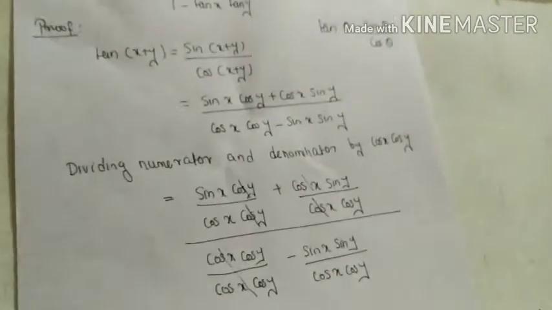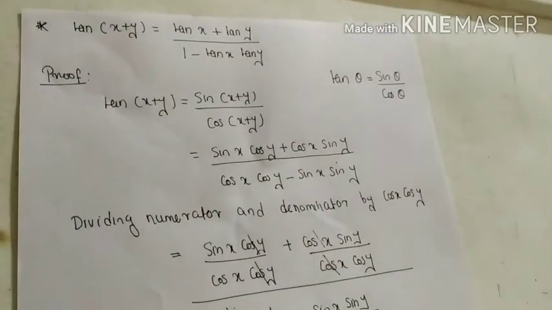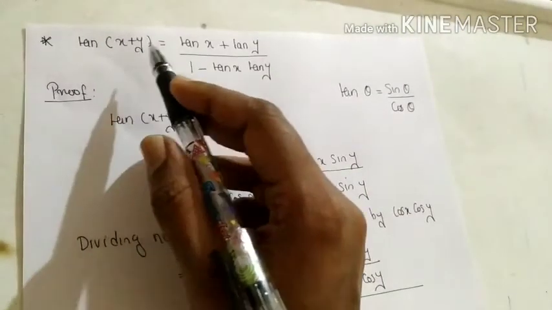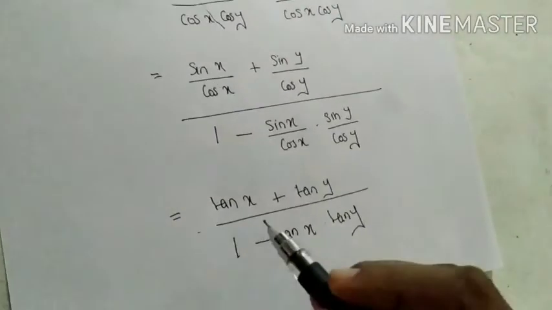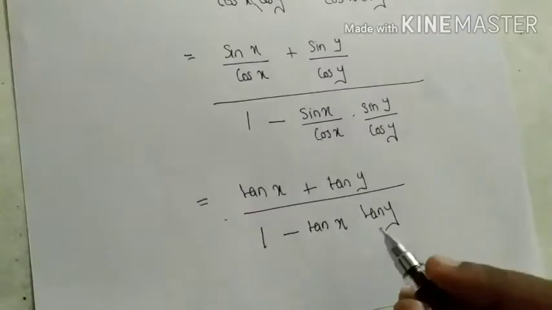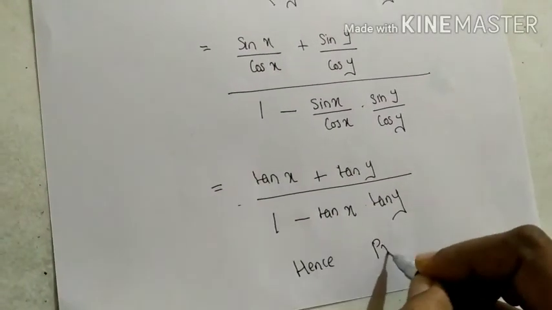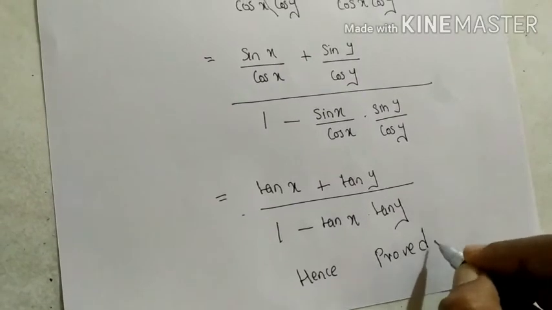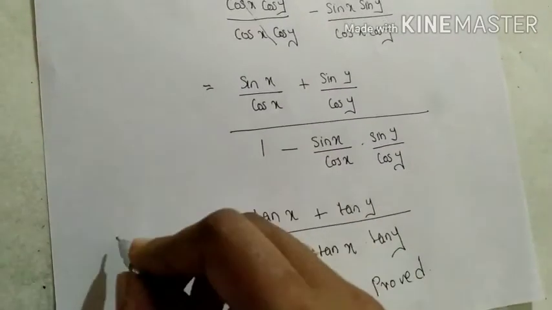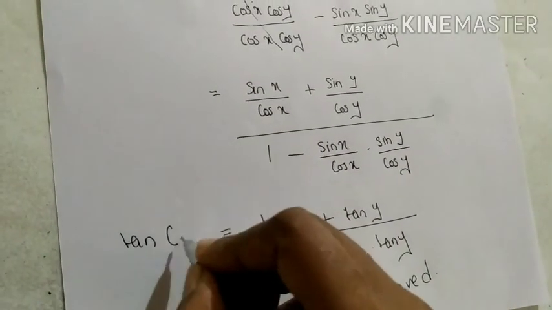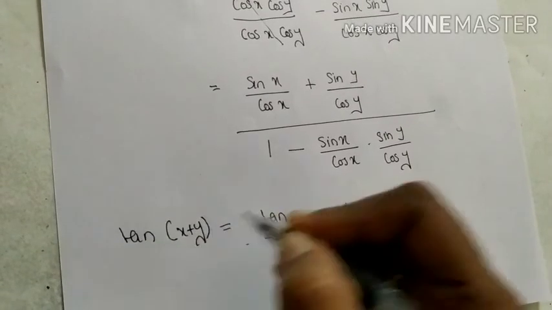So we get our final result: tan of x plus y equals tan x plus tan y by 1 minus tan x tan y. Hence proved. Okay, I hope you understood. So learn this formula by heart too.